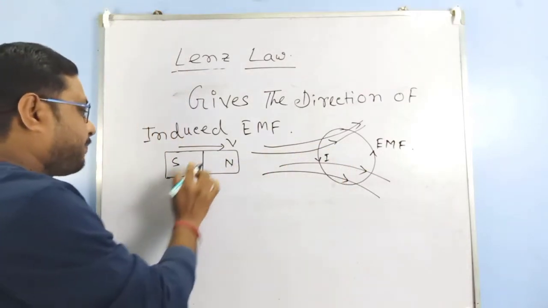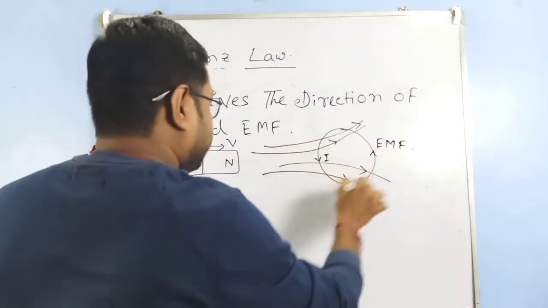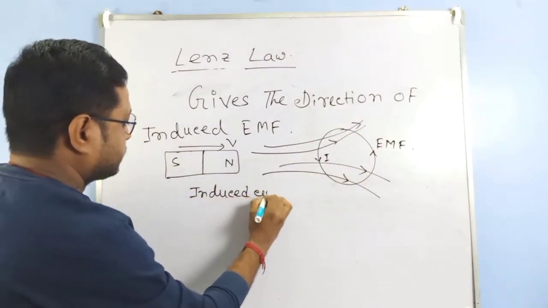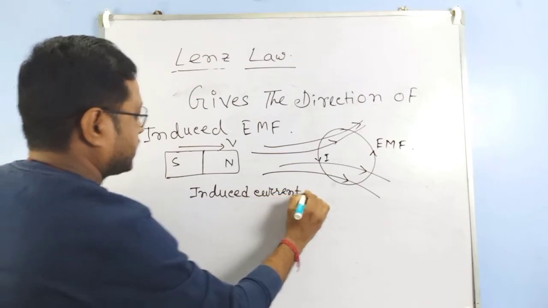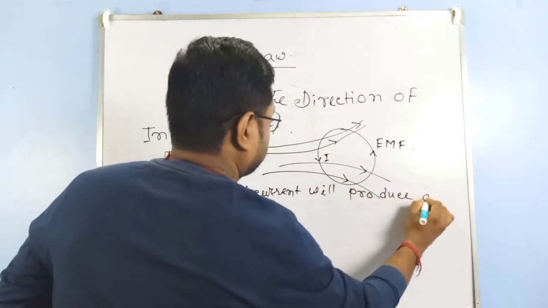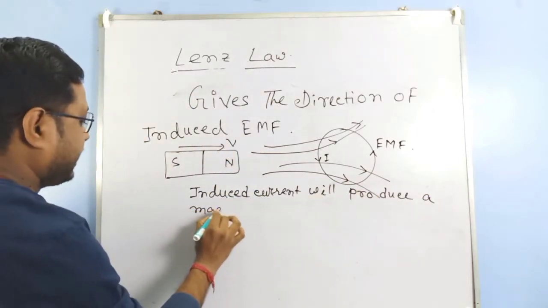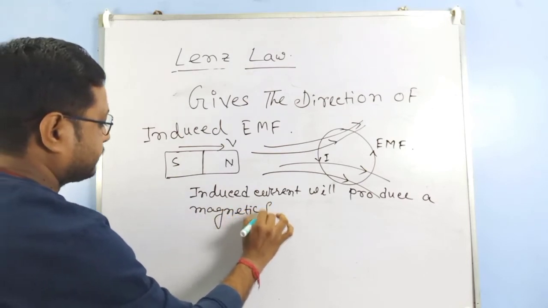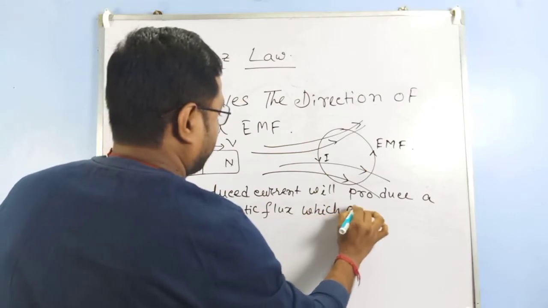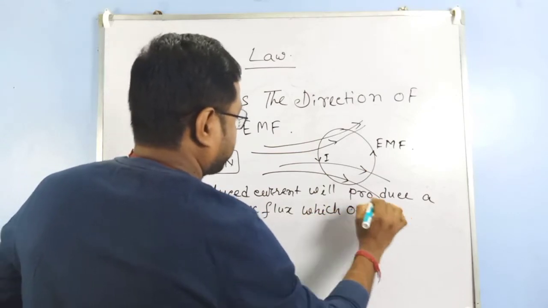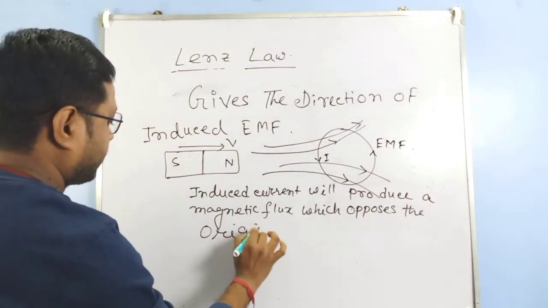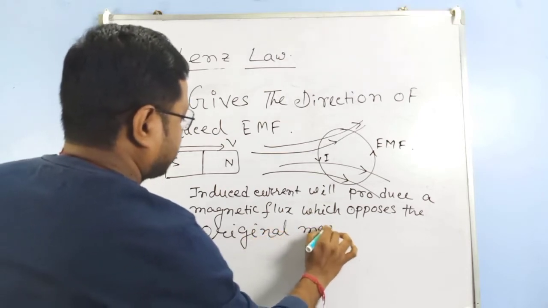So when current is induced in the coil, the induced current will produce a magnetic flux which opposes the original magnetic flux.